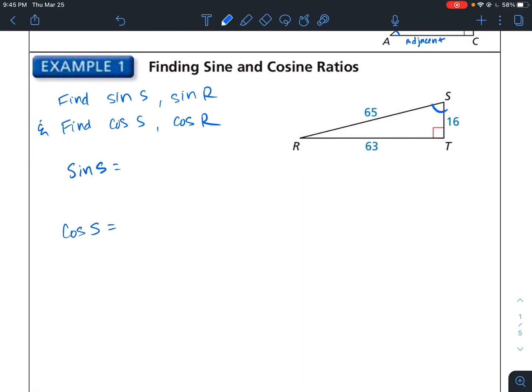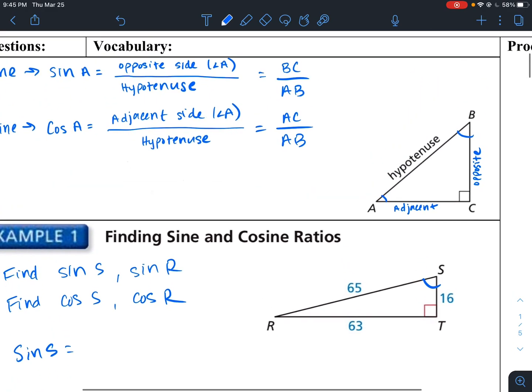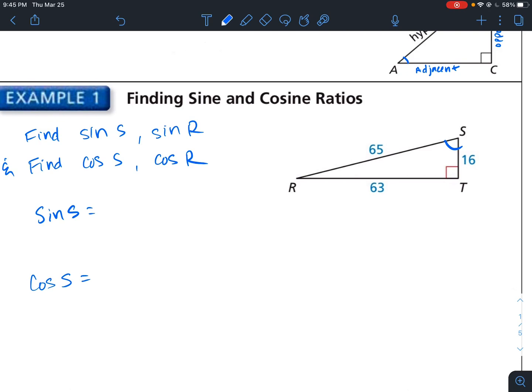The sine, just to remind us, is the opposite side divided by the hypotenuse. Opposite to angle S is 63, divided by the hypotenuse, which is 65, opposite to the right angle. If you use a calculator, this is equivalent to 0.9692.